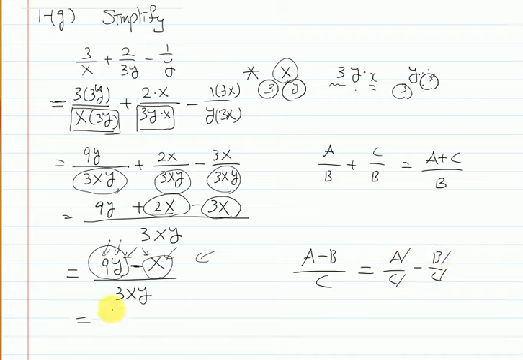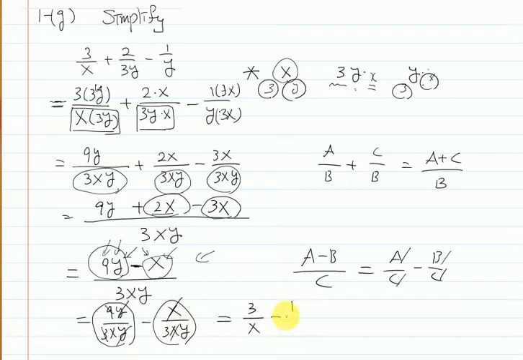So that can be changed to 9y over 3xy minus x over 3xy. Then in this one, y can be cancelled out, and 9 can be cancelled out with 3, remaining only 3. So 3 over x. And in that one, x cancels out, so we have 1 over 3y.